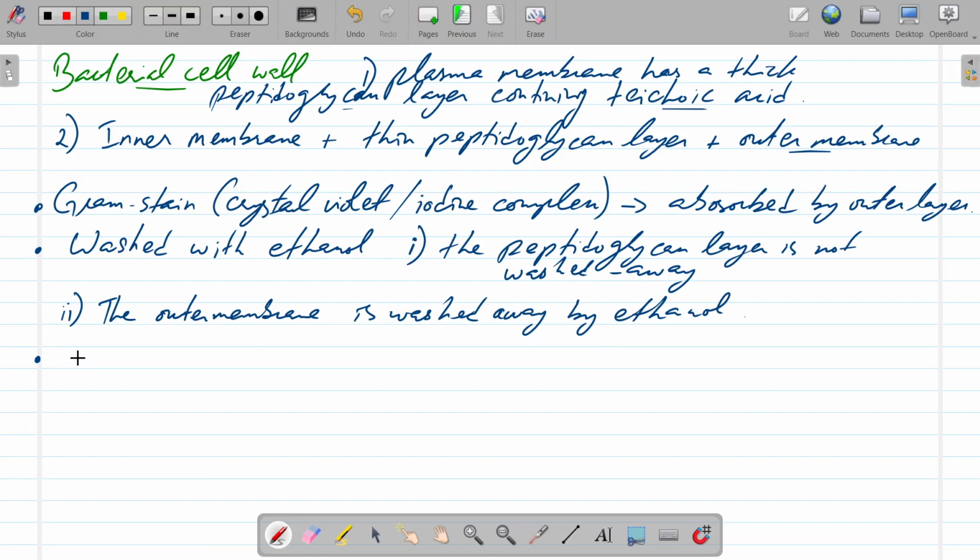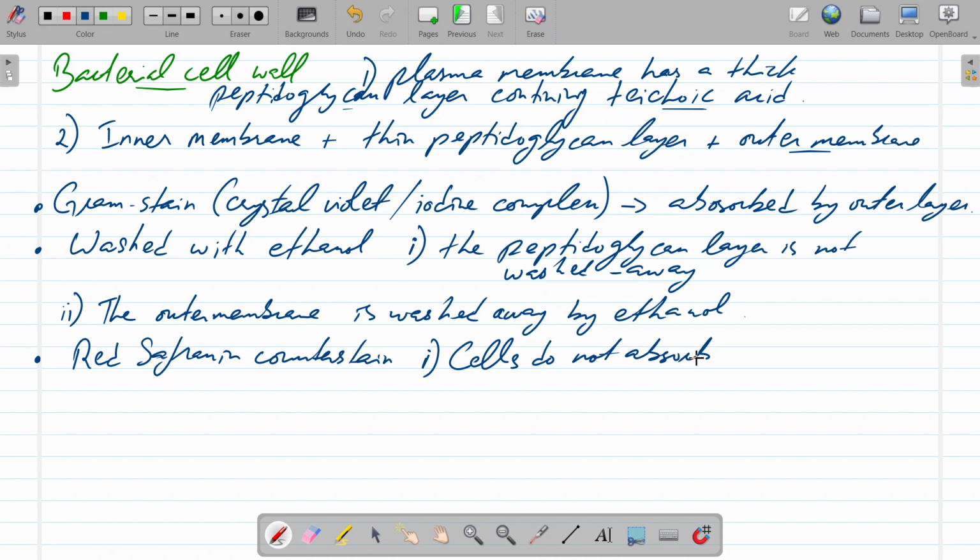Then comes the third part, which is the red safranin counterstain. So in the first scenario, where the peptidoglycan layer is not washed off, the cells do not absorb this new counterstain, and so under the microscope they appear blue.